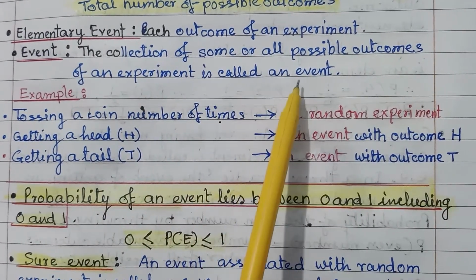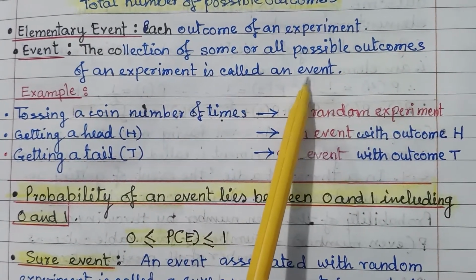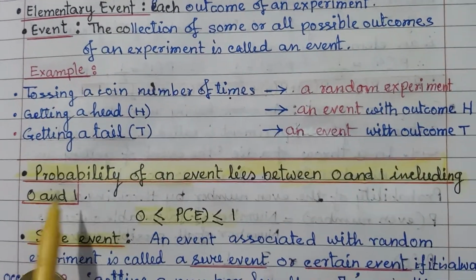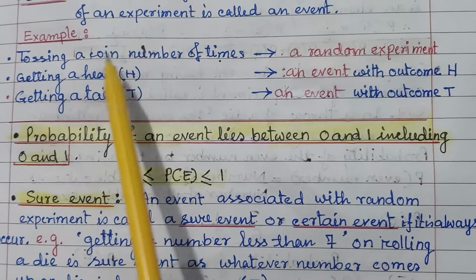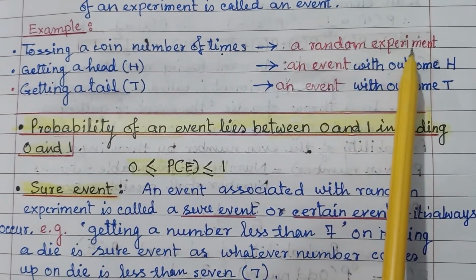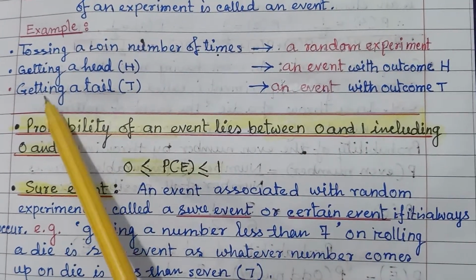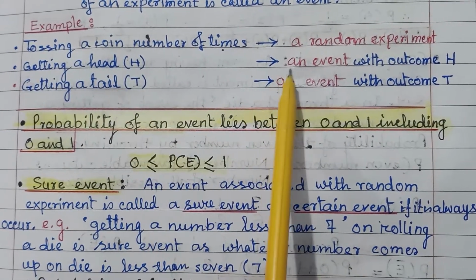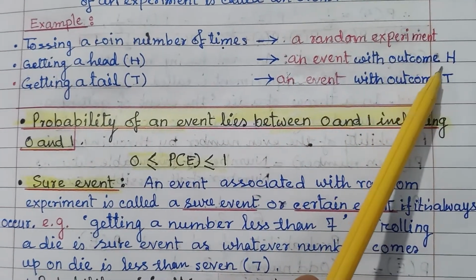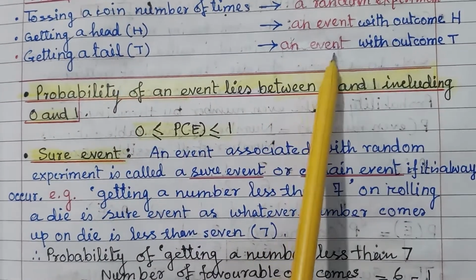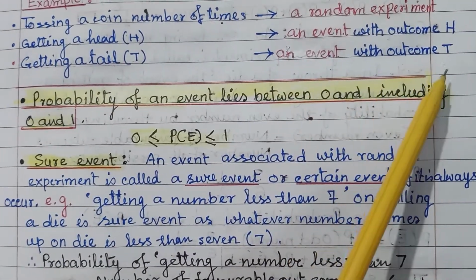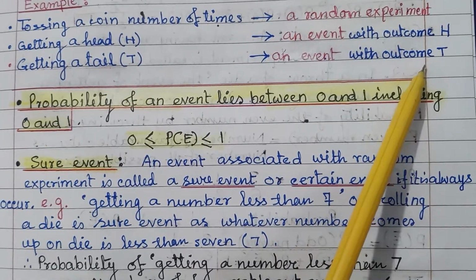For an example, tossing a coin a number of times is a random experiment, and getting a head is an event with outcome H, and getting a tail is also an event, with outcome T.